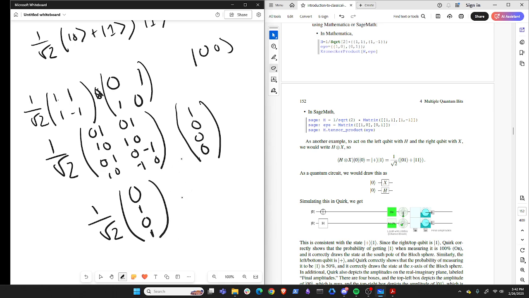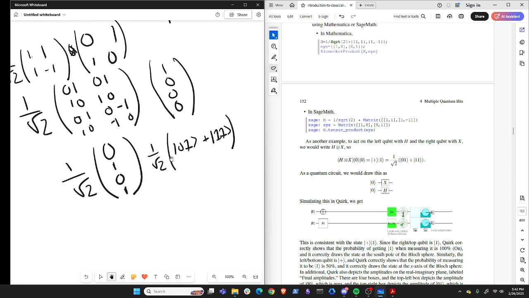So this is equivalent to 1 over square root of 2 of 0. We have no 0, 0 term, and we have no 1, 0 term. So it's 0, 1 plus 1, 1.